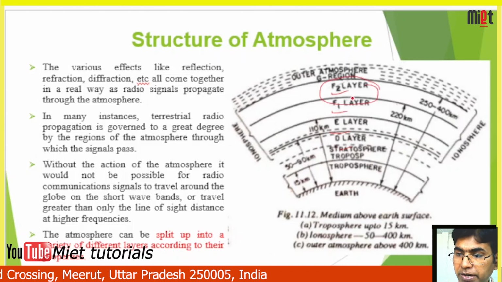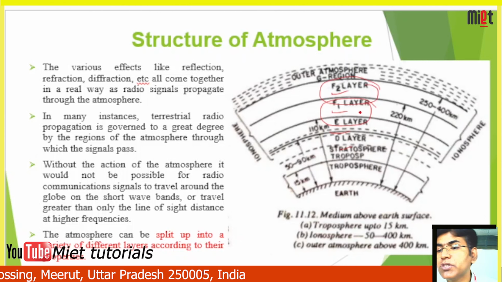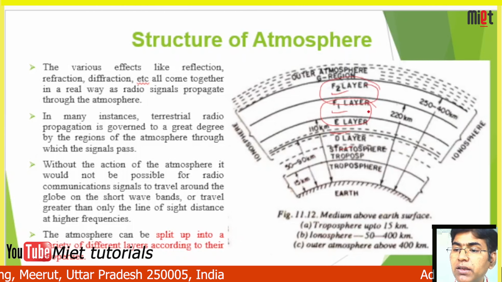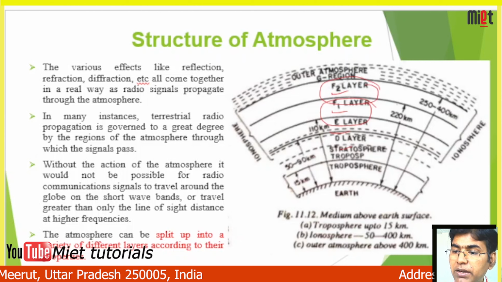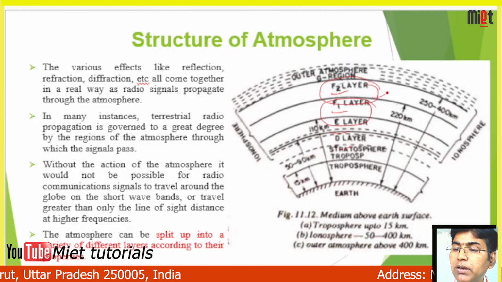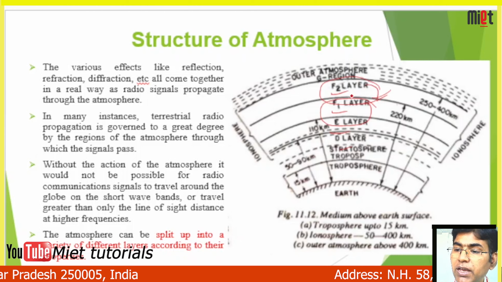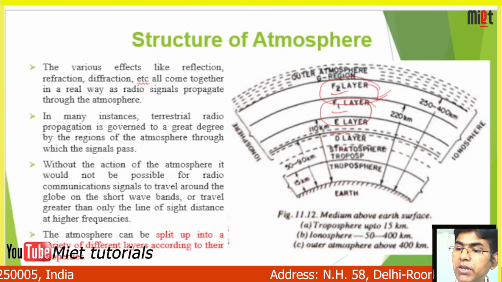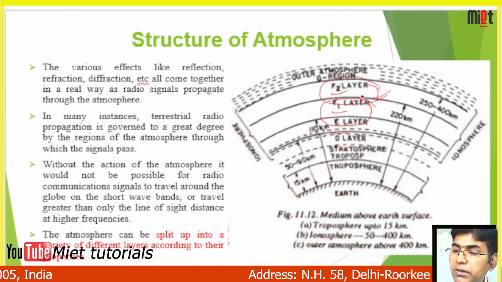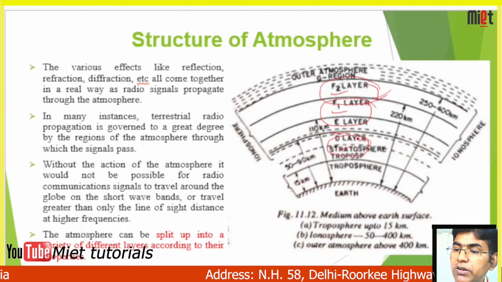In the day hours, due to sunlight, electron density will be higher in the upper layers, and in the night time, electron density will be lower because of recombination. In the daytime, electron density will always be high, and at noon it will be maximum. In the night, electron density will always be lower. But in the D layer, electron density will be least. In the F layer, electron density will be maximum.